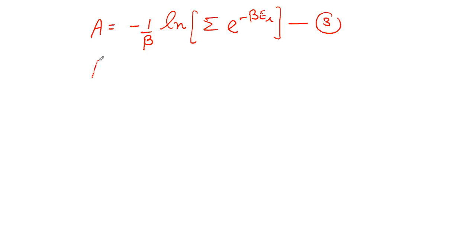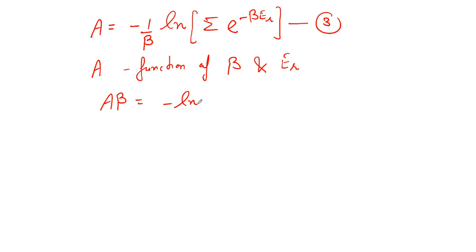Here A, our assumed parameter, is a function of beta, and it also depends upon the spectrum of energy eigenvalues E_r. If I move beta to the left-hand side, this becomes A into beta, equal to minus log of the summation of exponential of minus beta E_r.